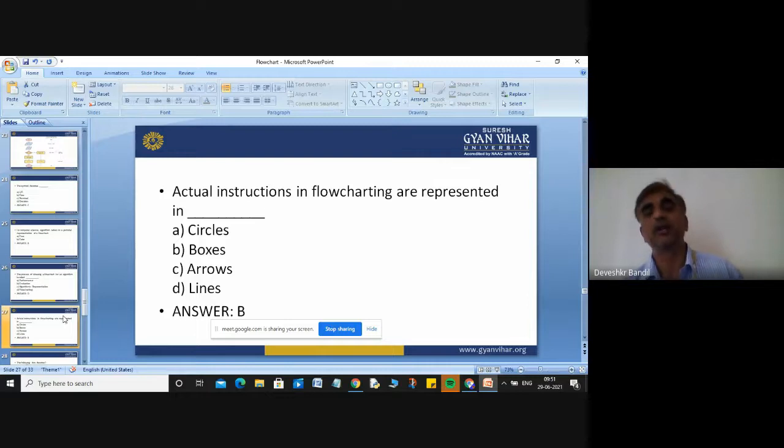Another question is: actual instructions in flow charting are represented in, and here are four options: circles, boxes, arrow, and lines. You know, when I discussed the flow chart, you write all instructions in boxes, not a circle, not an arrow, not lines.